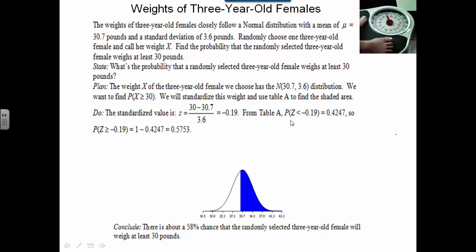Finding the probability z is less than negative 0.19, which if we look that up in table A is 0.4247. So the probability z is greater than or equal to that would be 1 minus that, which is 0.5753. There is a 57.53%, or about a 58% chance a randomly selected 3-year-old female will weigh at least 30 pounds.